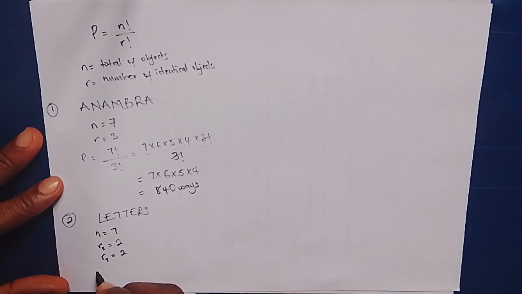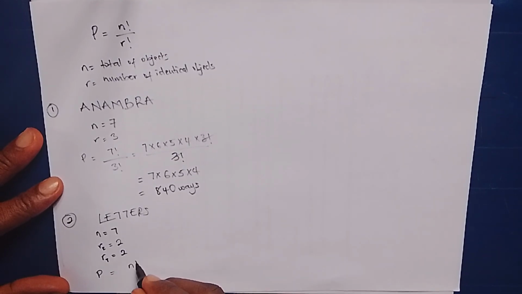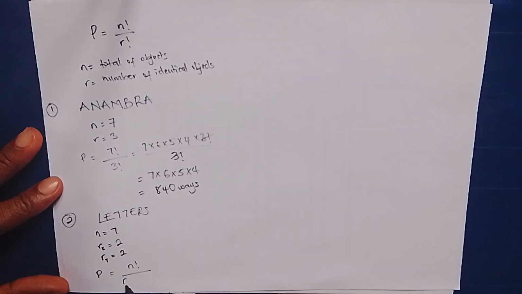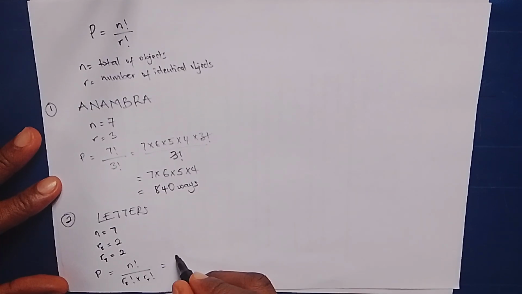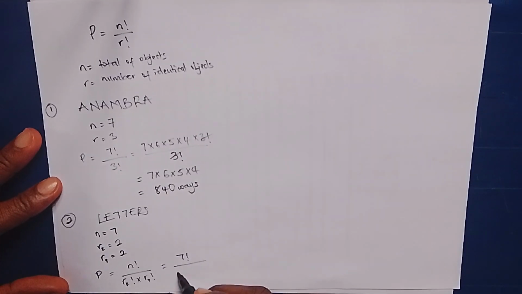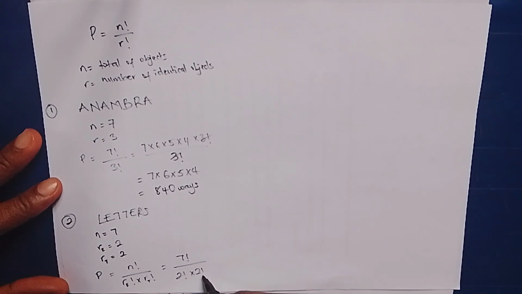So in this case, the total number of arrangements will be equal to n factorial over rE factorial times rT factorial. So this is equal to 7 factorial over 2 factorial times 2 factorial.